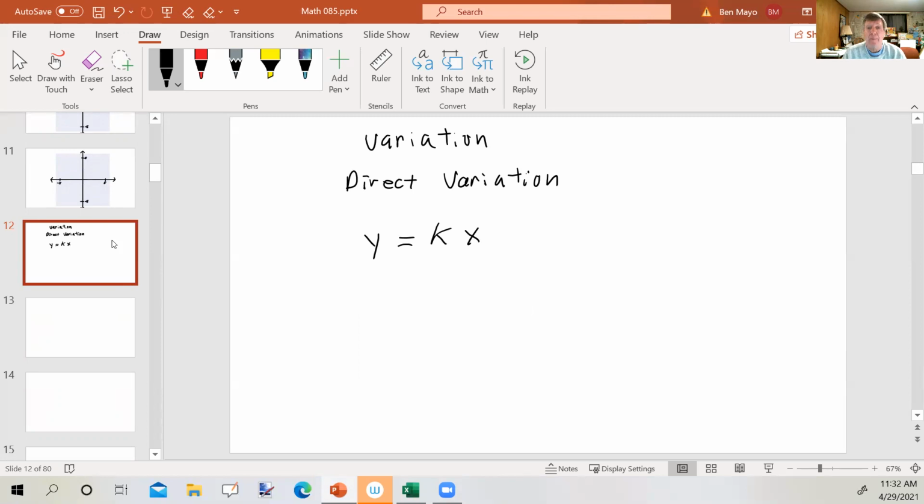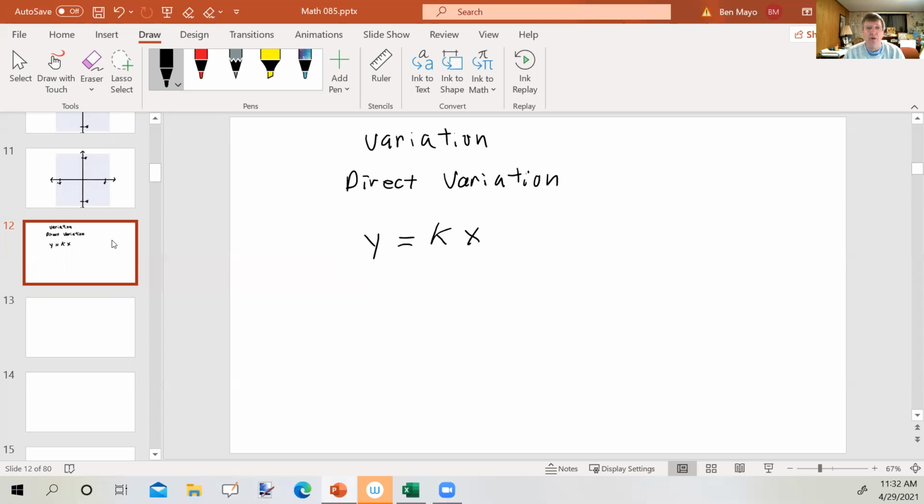Anyway, what will happen in these situations is we will be given a description of a certain type of variation. Then we will be given some information which we will plug into the formula, which will allow us to determine what K, or the variation constant, is equal to in this particular case.